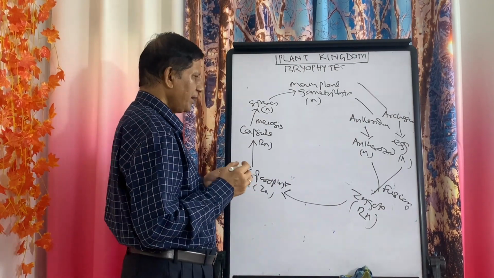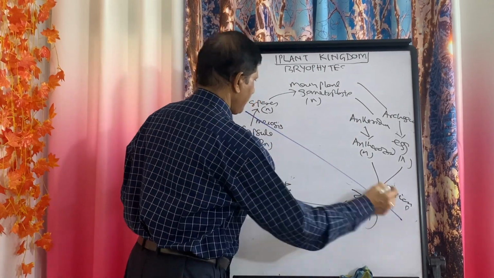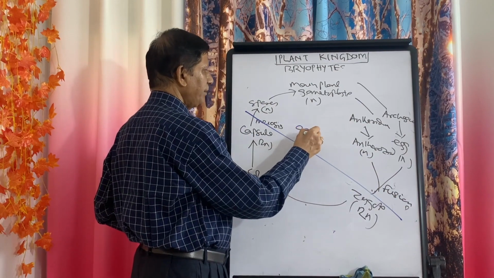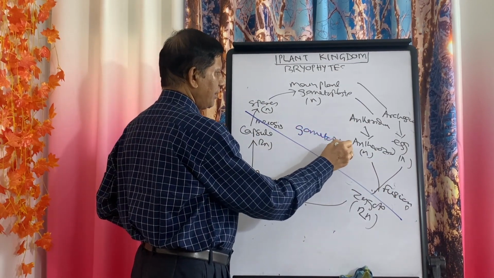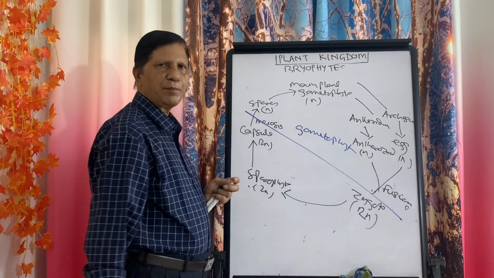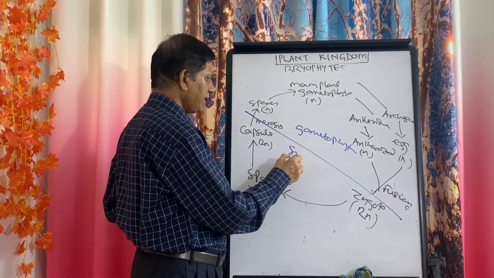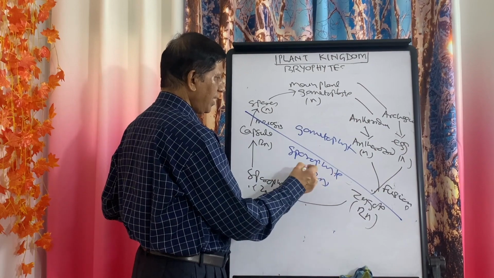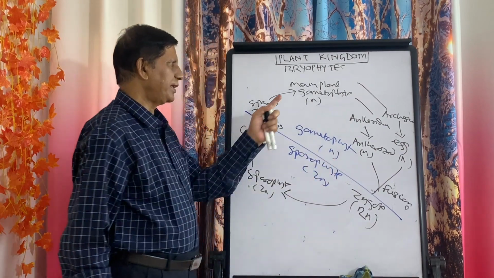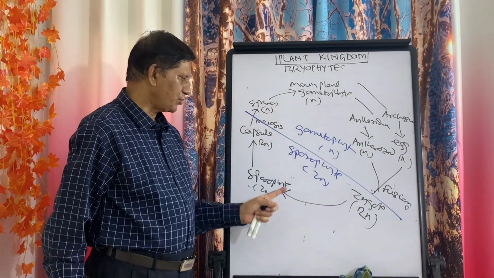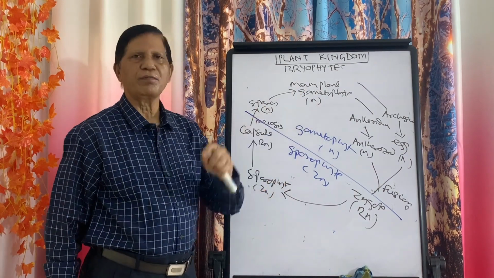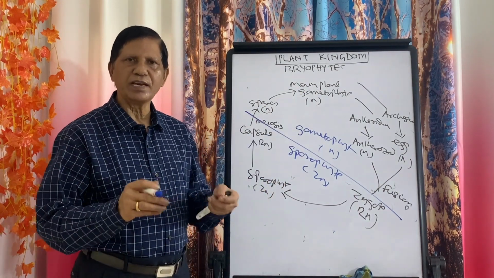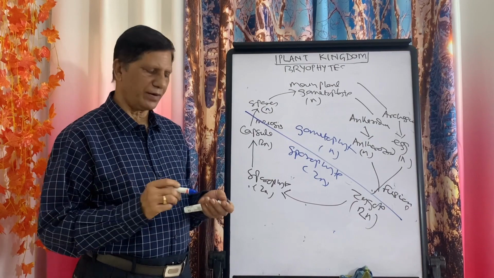So you see, from this to this point is the gametophytic part, because these are all n haploid, while this is the sporophyte, which is 2n. That means the gametophyte gives rise to the sporophyte, and the sporophyte gives rise to the gametophyte. This is the haplodiplontic type of life cycle found in all bryophytes.